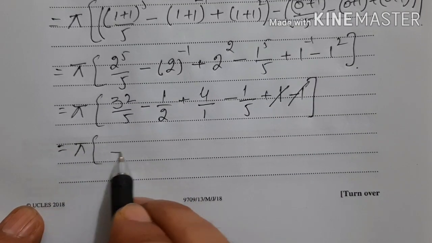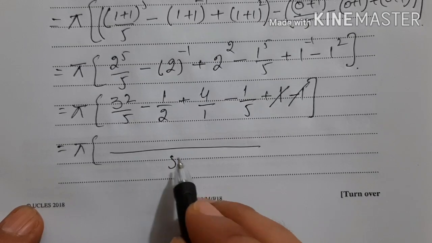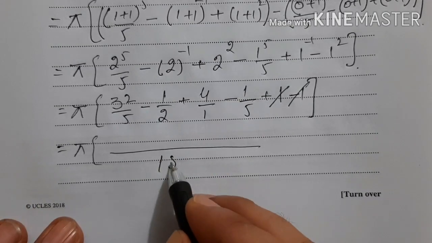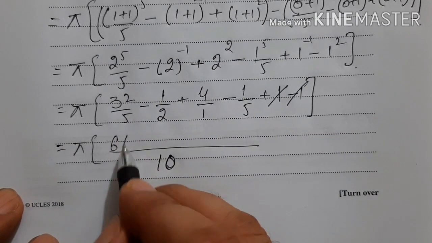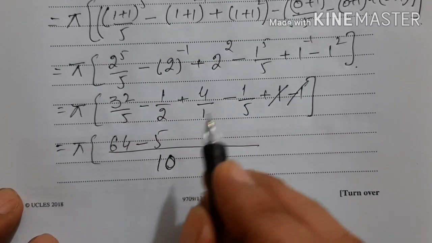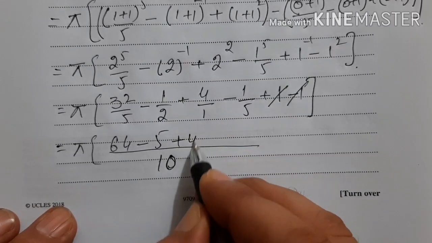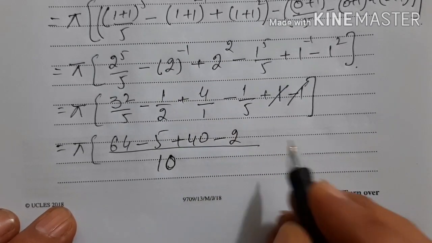So take the LCM, which is definitely 10. So this is 64, this is 5, this is 40, this is minus 2.